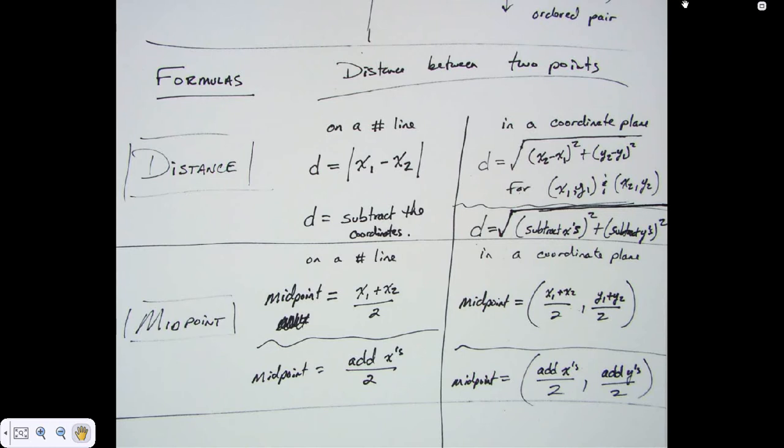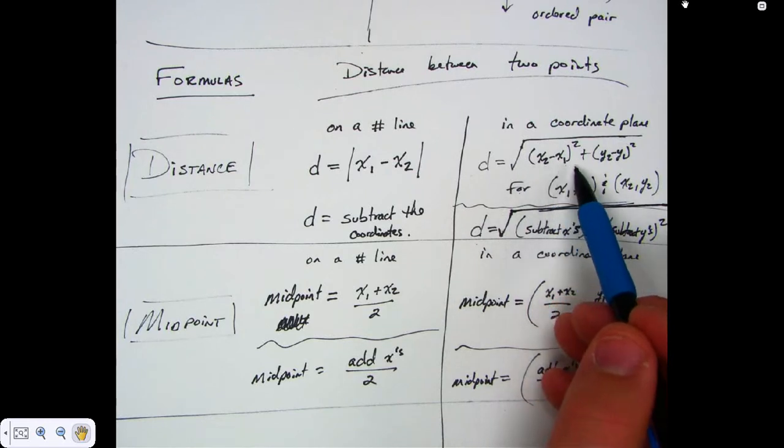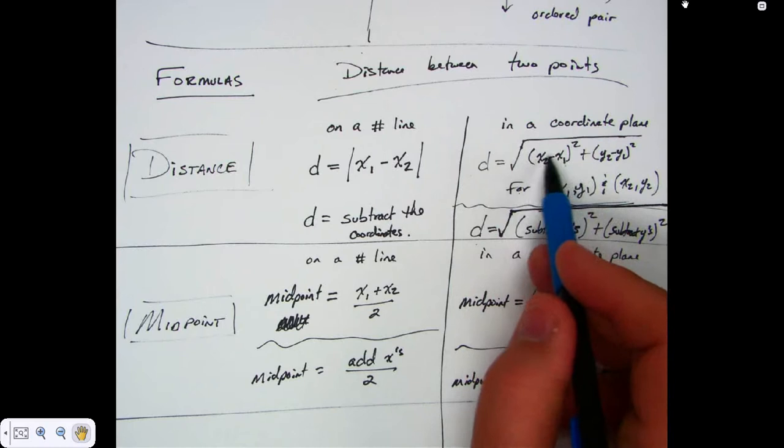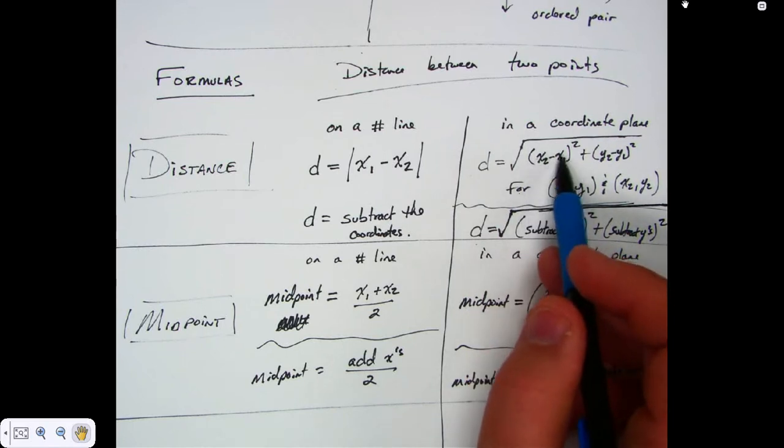Realize that x2 and x1, for instance, this right here, this x2, x1. Understand that the only reason that's there is to let you know that I'm talking about an x-coordinate. That's why I want to use the x. So you're talking about an x-coordinate, the first number in an ordered pair, right?